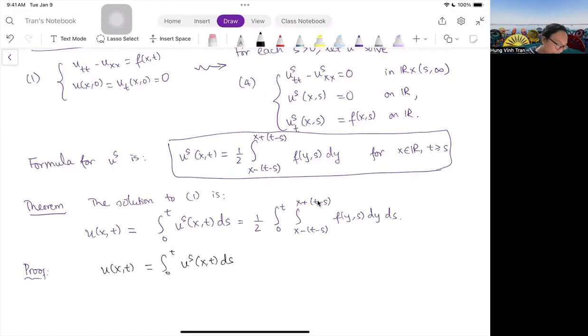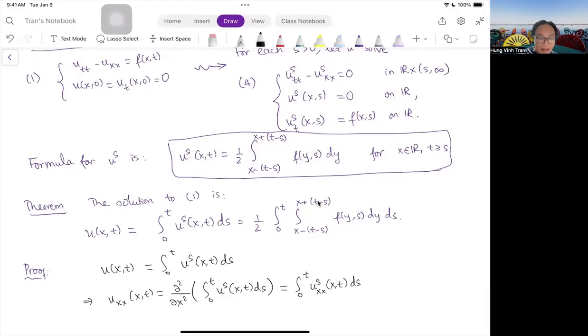There's no x dependence there. So I see that u_xx(x,t) is nothing but the second derivative in x of this integral of u^s(x,t) ds, and I can put the derivative in x inside, so this is equal to the integral from 0 to t of u^s_xx(x,t) ds.